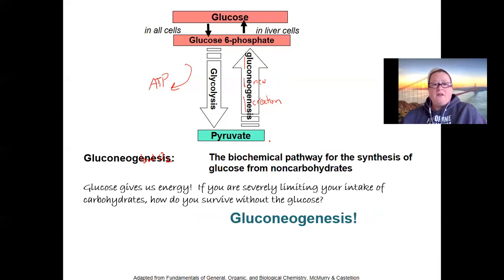One thing that we're going to learn is that amino acids can make pyruvate, and so can the glycerol part of the fatty acid. So we can get the new creation of glucose from non-carbohydrate sources. Our lipids can produce carbohydrates with the glycerol, and so can our amino acids from proteins.